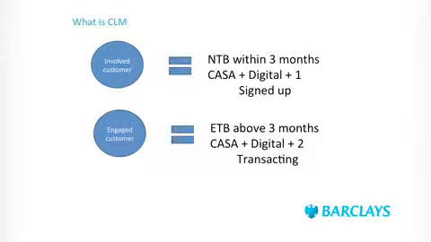And he has also signed up for a digital solution like a Hello Money or BIR. And also he has one further solution like a Zidisha account. So basically a customer with a CASA, he has a salary coming to us. He also has signed up for a digital solution, Hello Money or BIR, and also has a Zidisha savings account with us.